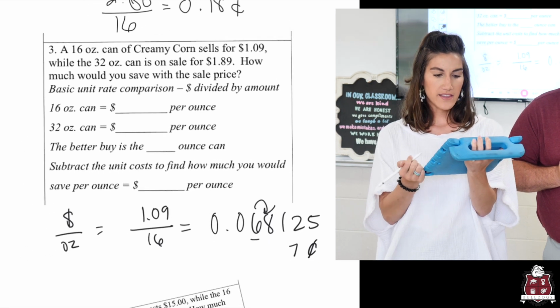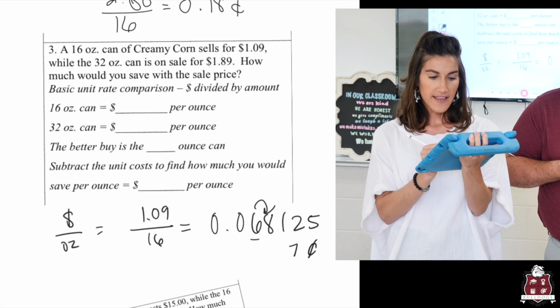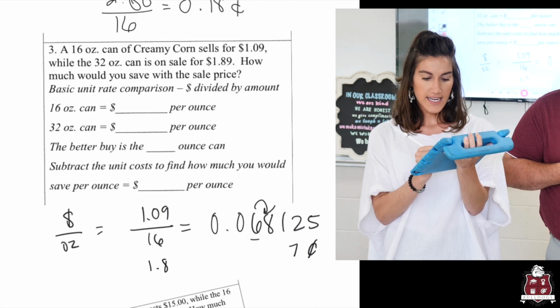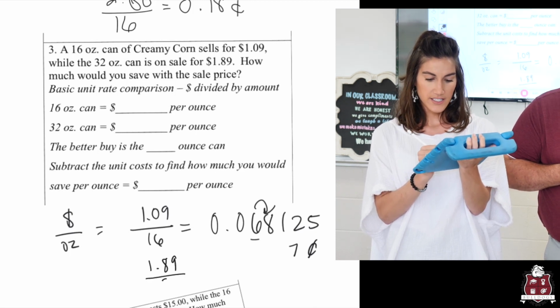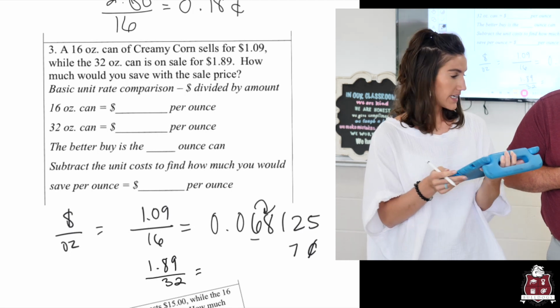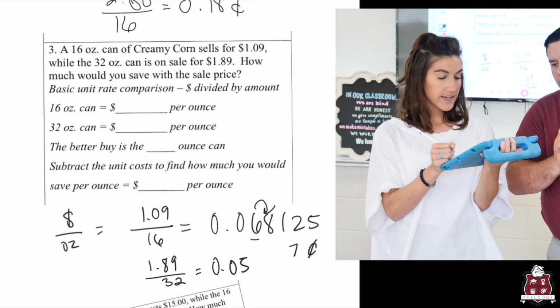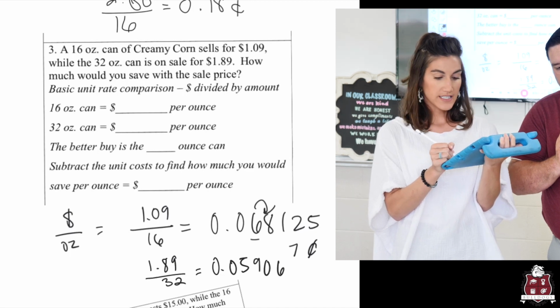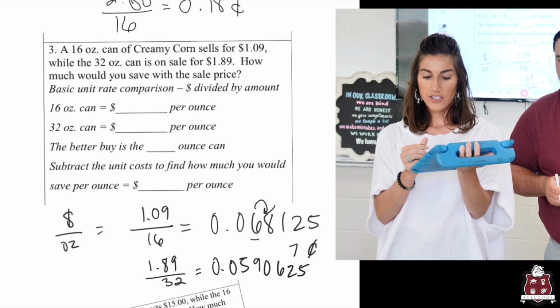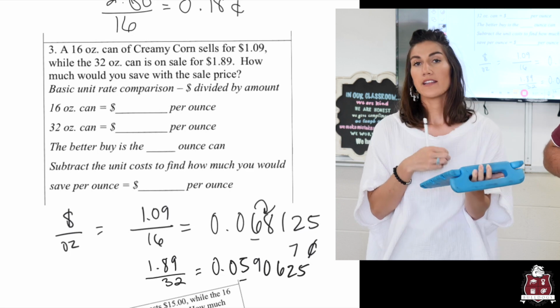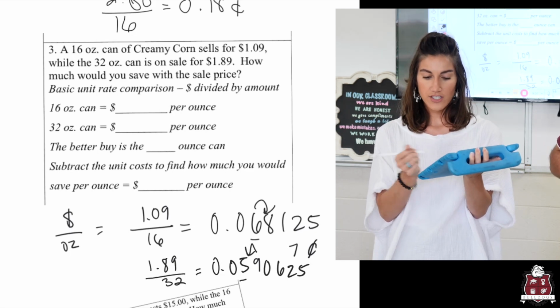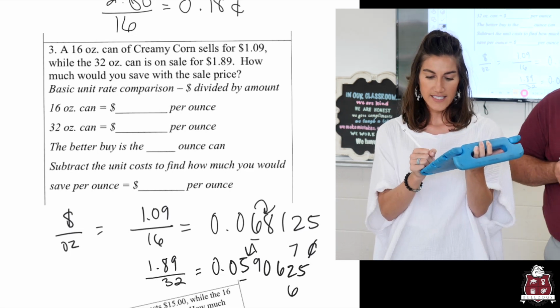Now when we work with the 32-ounce, we've got $1.89 divided by 32. That's going to give me a decimal of 0.059065. Okay, let's look at our hundredths place. We have a 5. Then in our thousandths place, we have a 9. So that's actually going to round up to 6 cents.